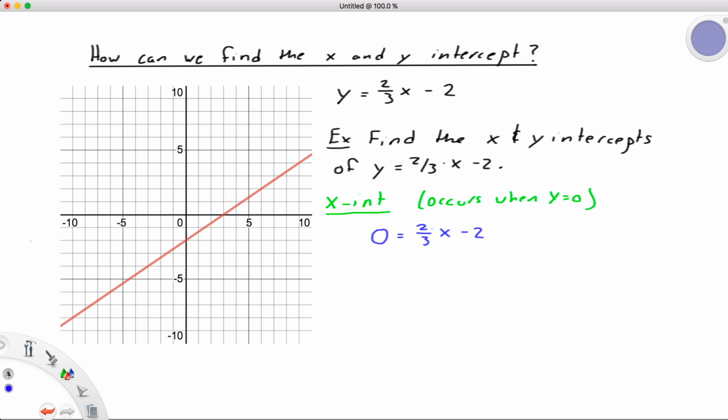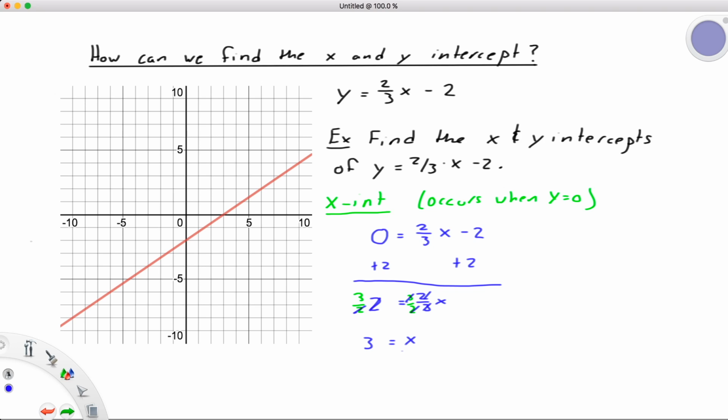This is going to allow us to solve for x. We add 2 to both sides, and we'll have 2 on the left equal to 2/3 x on the right. When we multiply both sides by the reciprocal, 3/2, the 2 and the 2 cancel on the left, leaving us with 3. The 3/2 and 2/3 cancel on the right, leaving us with x. And we have x equals 3.